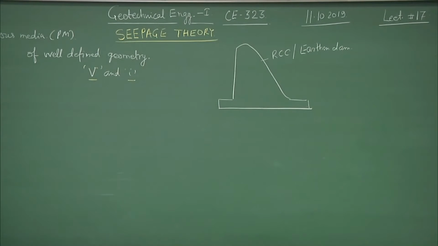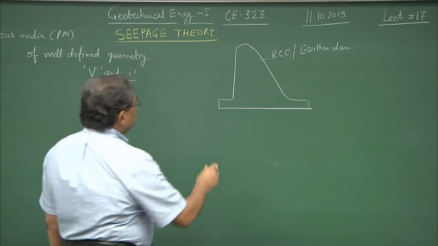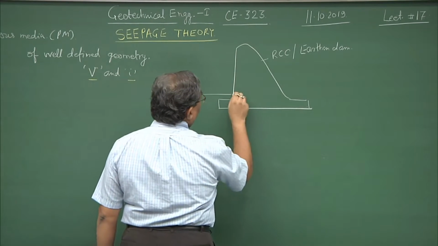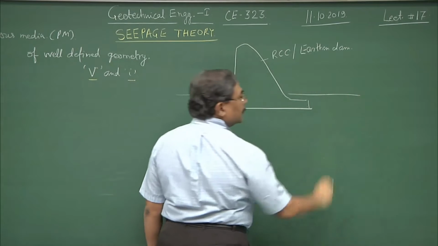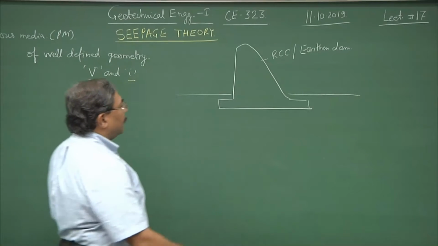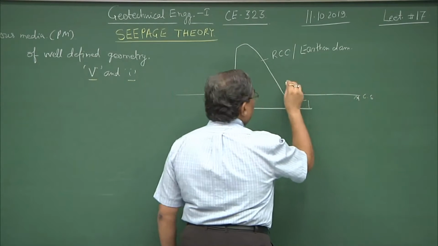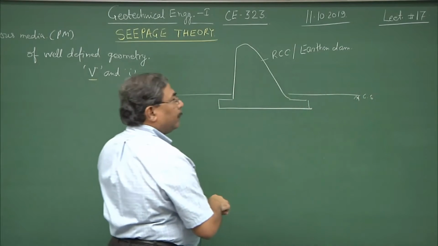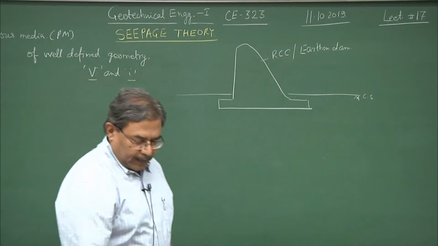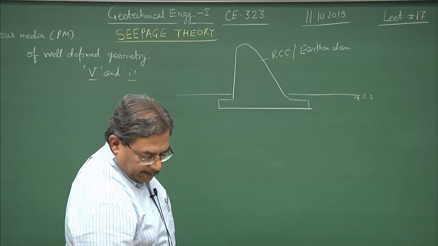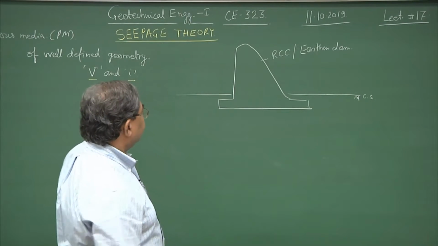This system is sitting on the ground in such a manner. This happens to be the ground surface, and we have to show that there are two sides, defined as upstream and downstream.